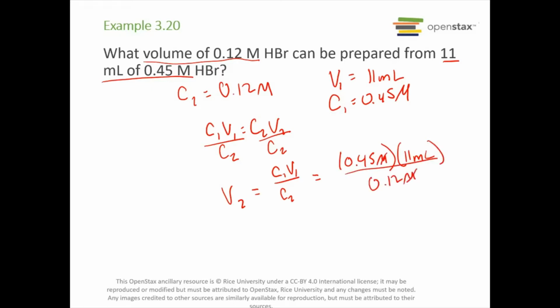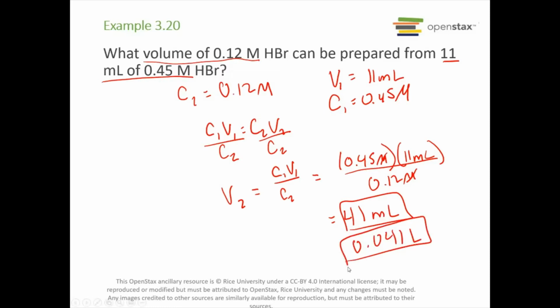We see those cancel out, and we get 41 milliliters, or 0.041 liters. And that makes sense, right? We're adding to our solution, we're diluting it, so we should have a higher volume than what we started with.